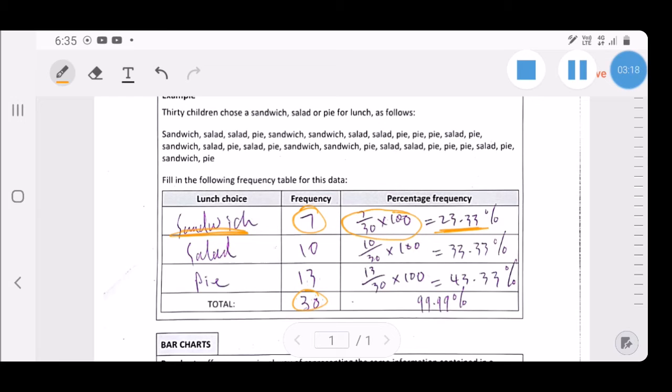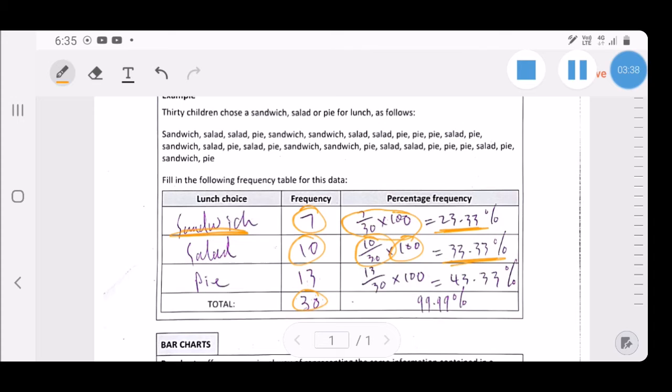23.33% of people chose sandwich. And then for salad, we had 10 people. So 10 divided by the total number of people, 30, times 100. 33.33% of people went for salad. And you do the same process for pie.